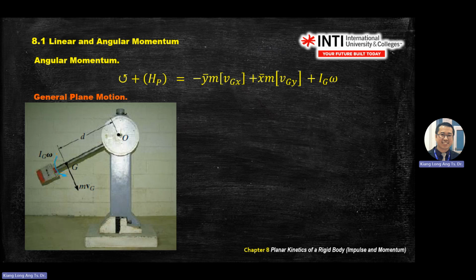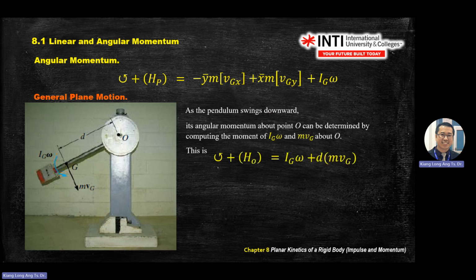Okay, so general plane, something like this, it rotates somewhere, so and so. Okay, so if you have a center of gravity and a point that is moving, then there is a combination of general plane.